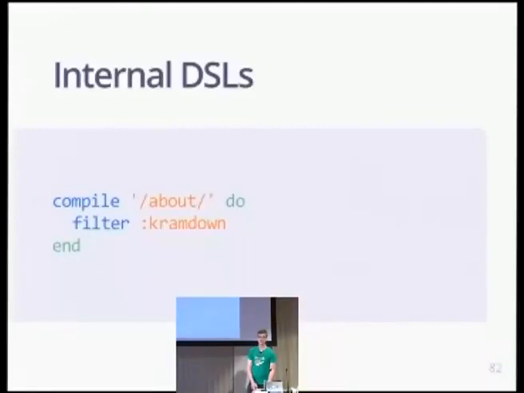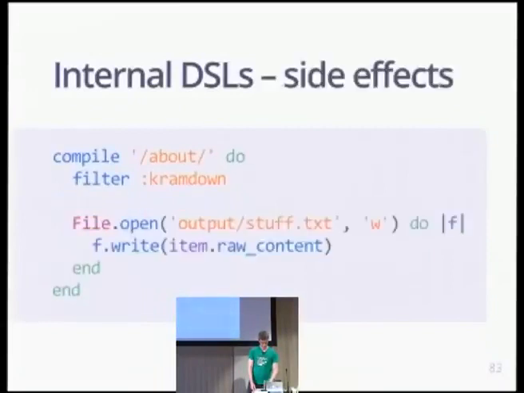But you can abuse this. The rules file is supposed to be entirely declarative, but it's Ruby, so you can do evil things such as this. In here, I say, okay, when you've compiled this page, then you're going to write some content to another file that's completely unrelated, and you can start abusing the system like that.